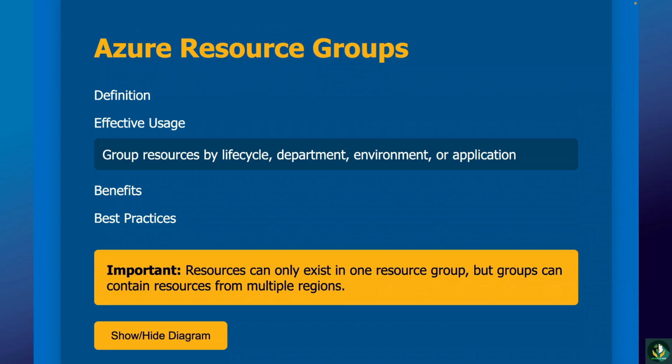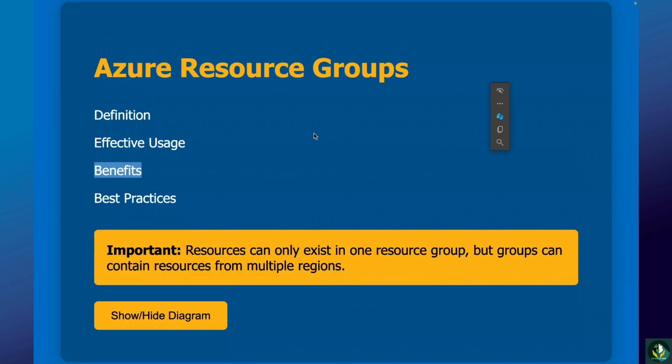And you can group by environment. It's common to have separate resource groups for development, testing, and production environments. This separation helps in managing and isolating resources based on their purpose. And you can also group by application.